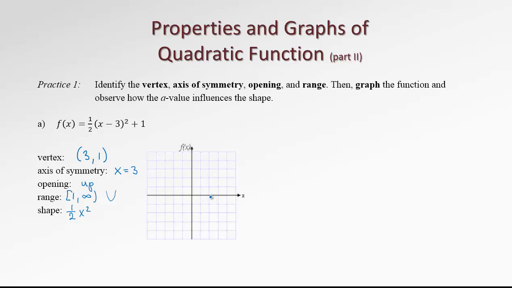Okay, so we're ready to plot. (3, 1) is here, right? The parabola opens up, so somehow like this, and its shape is of 1/2 x squared. Normally for the basic parabola, we go 1 across, 1 up, but since this value will be multiplied by the coefficient 1/2, we go 1 across and just half up.